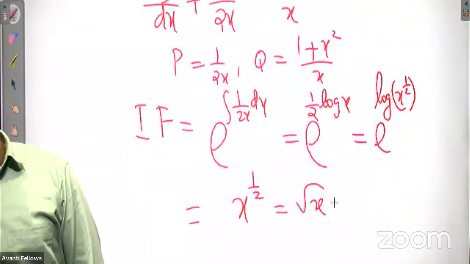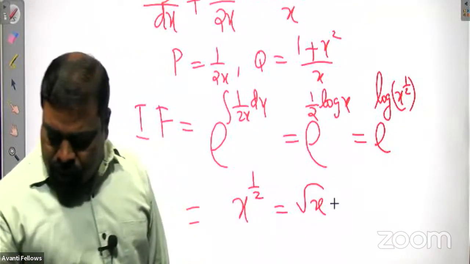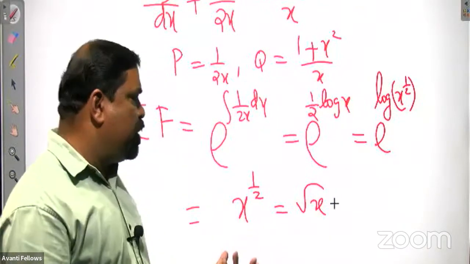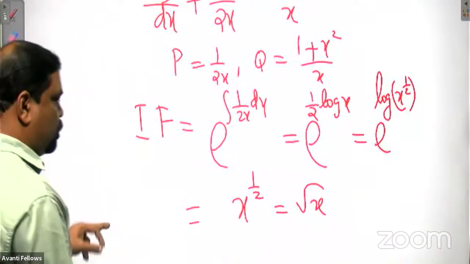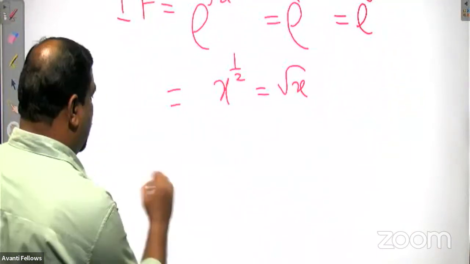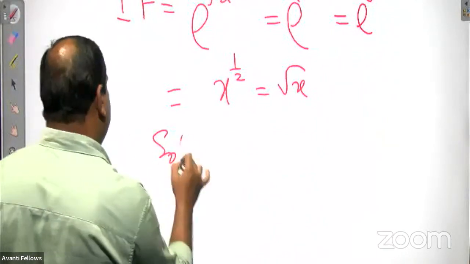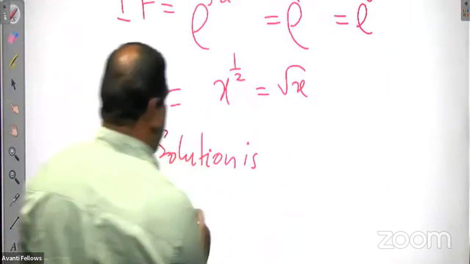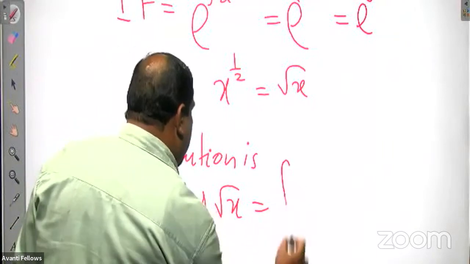So the integrating factor is root x. So the next step is, you know how to get the solution. Write the solution formula. What is the formula? Therefore the solution is y into integrating factor is equal to integral of q.